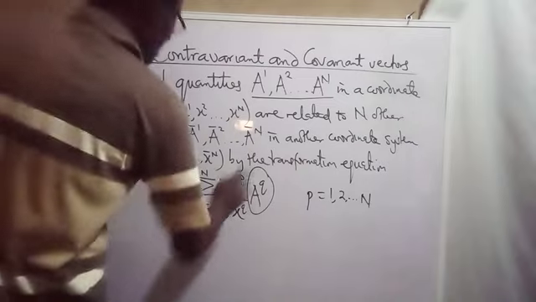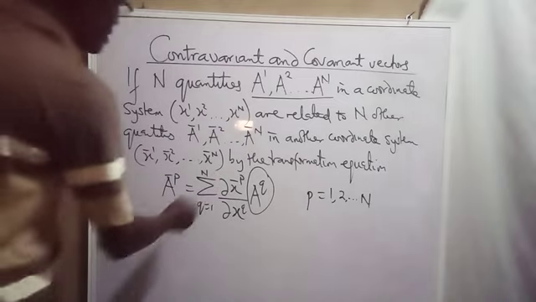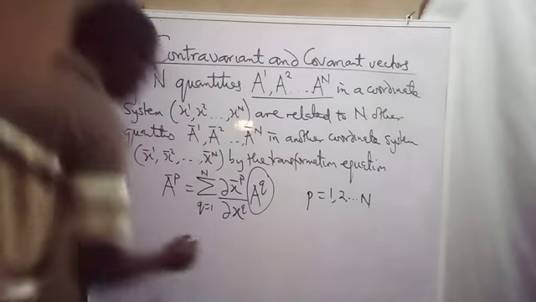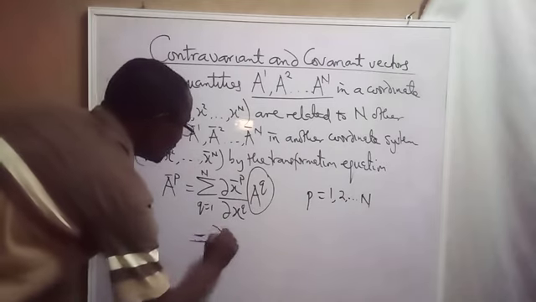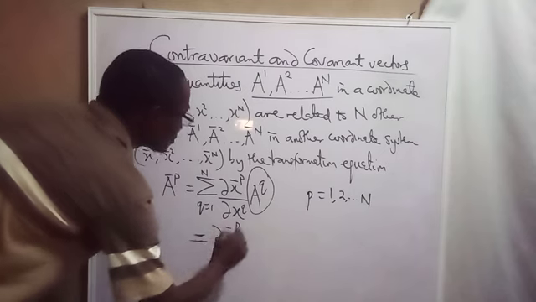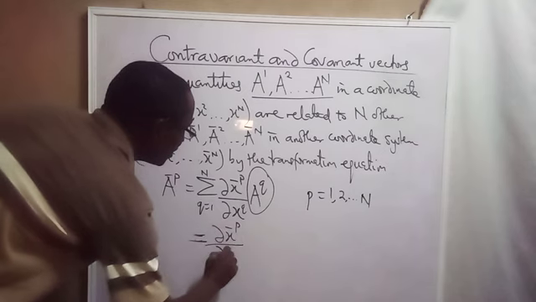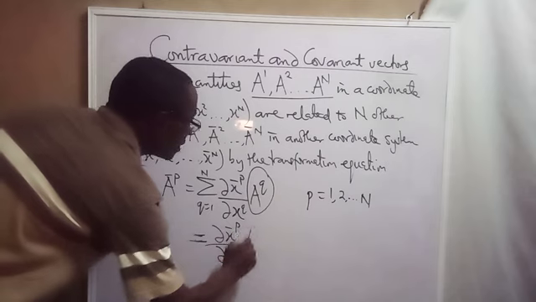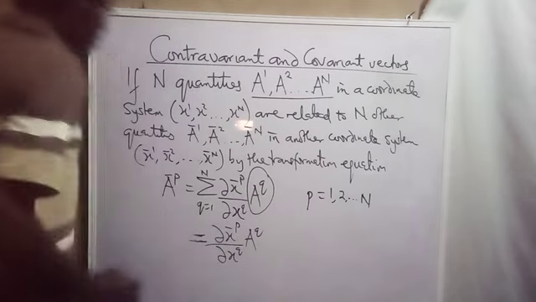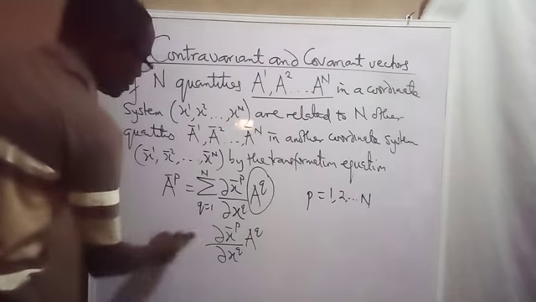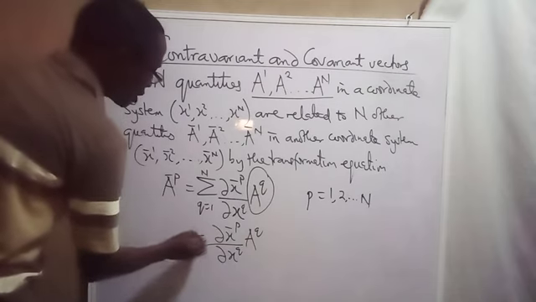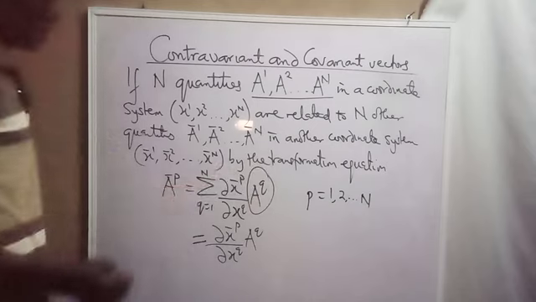Okay, so that is it. If you don't want to write everything here, you can say this is the same thing as del x bar p all over del s^q, a^q. Yes. So bear in mind that this has represented summation convention.